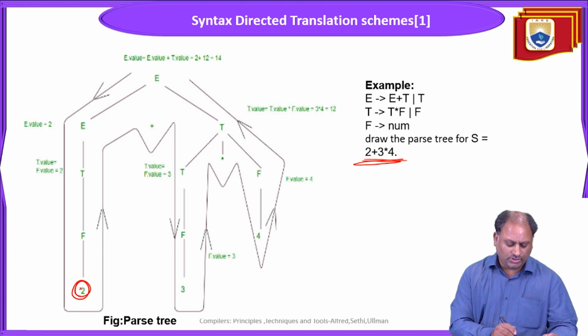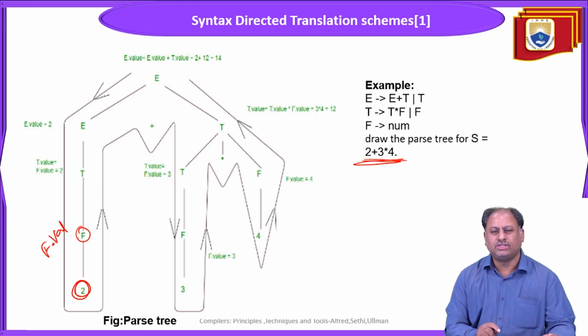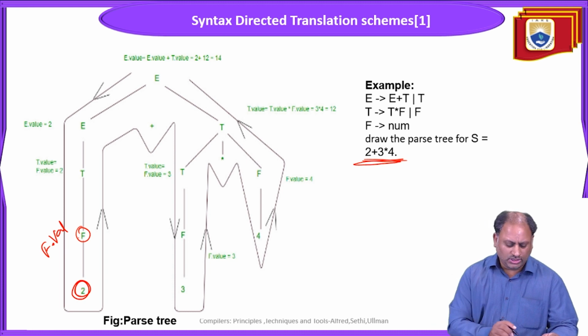It goes upwards to this particular F. What does F contain here? F dot val. This is called the attribute association rule. Previously we completed the semantic rule associations. So the given grammar plus the attribute association values is called the semantic rule, which gives the syntax directed translation. In this way the value of num is given, that is F dot val equals 2.